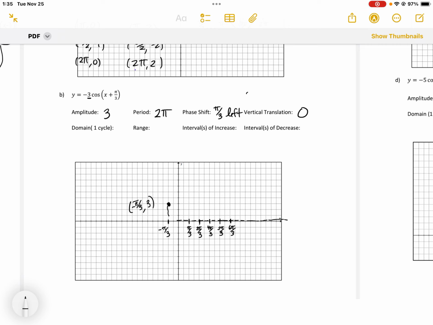So now I'm going to go 2 pi later, so -pi over 3 plus 2 pi to get to my answer. Changing that into a common denominator means that I get 6 pi over 3. So I know that my endpoint for my graph is going to be at 5 pi over 3 at that same maximum value. Now my intermediate value is halfway in between.